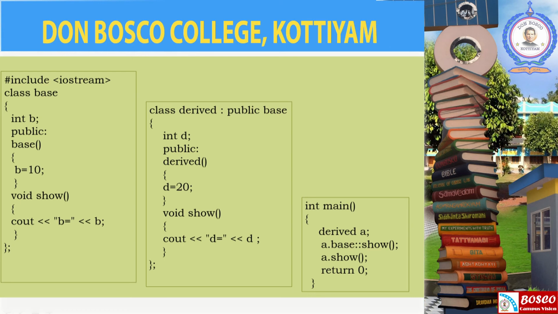And in the derived class we have a private member D, and in the public section we have a default constructor to initialize a variable, and also a member function to display the variable. And the base class as well as the derived class will be having the same function show off. Since it is an example of early binding without any ambiguity, we can access the function show off in the base class as well as derived class by using the object of derived class.